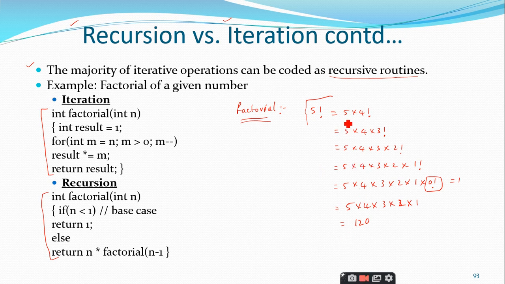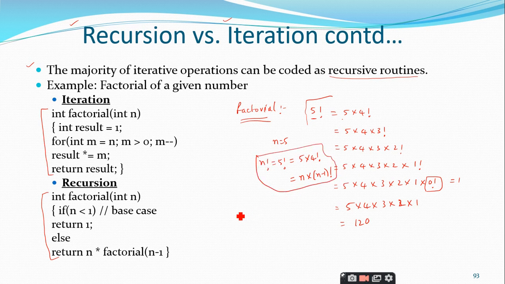If you observe carefully, if I consider n is equal to 5, so n factorial, that is 5 factorial, I can write it as 5 into 4 factorial, that is nothing but n into n minus 1 factorial. This is very good.